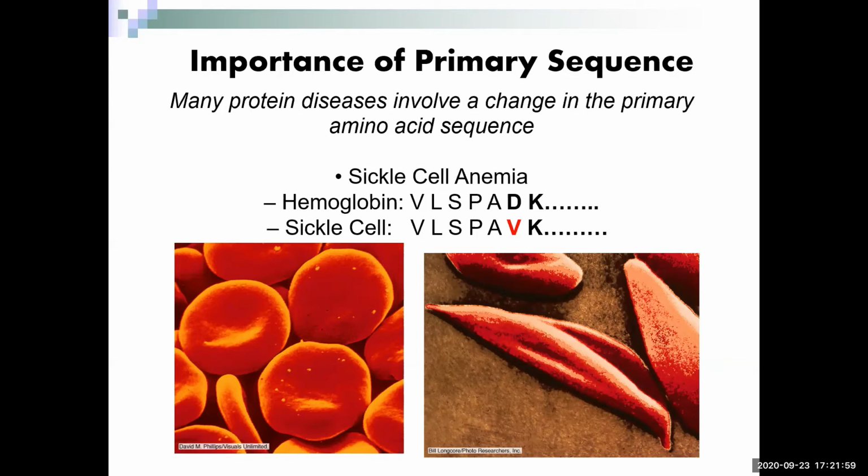So, if you can see the example, we have the following amino acids. We have DLS, PADK. Pagdating dun kang sickle cell, may changes between kang D tsaka kang V. So instead of D, naging V na siya.